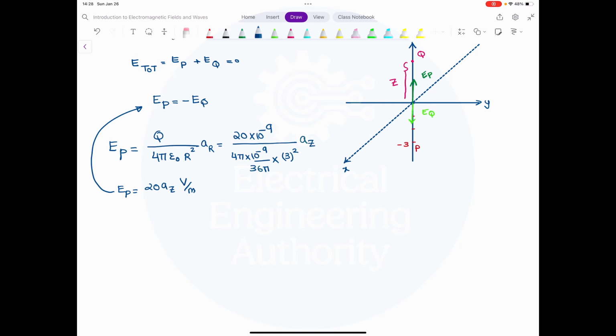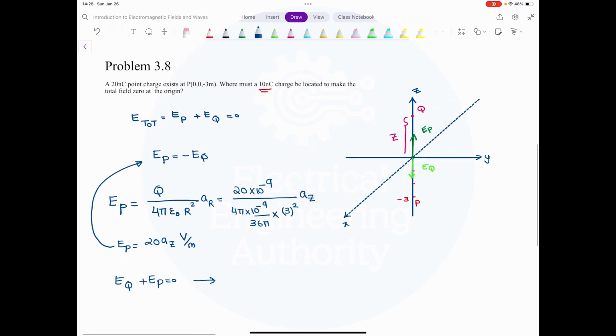So what I'm going to do here, I'm going to say, okay, I don't have the Z that I'm looking for, but I can find EQ, and my EQ plus EP should be equal to 0. So the equation of EQ is the Q that I have. Now Q is 10 nanocoulombs.